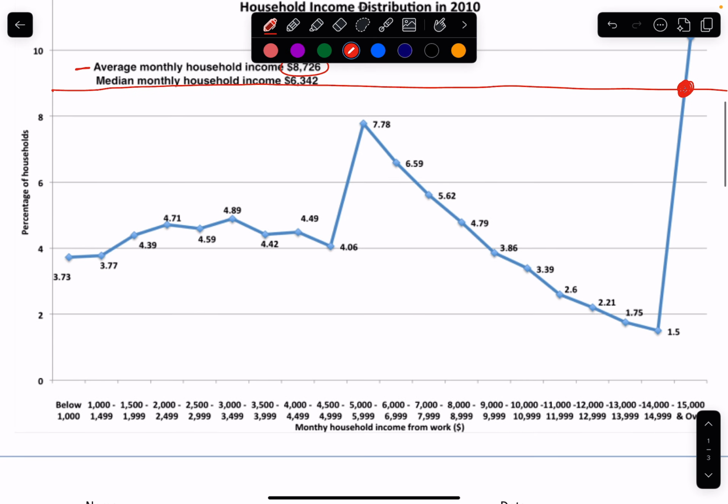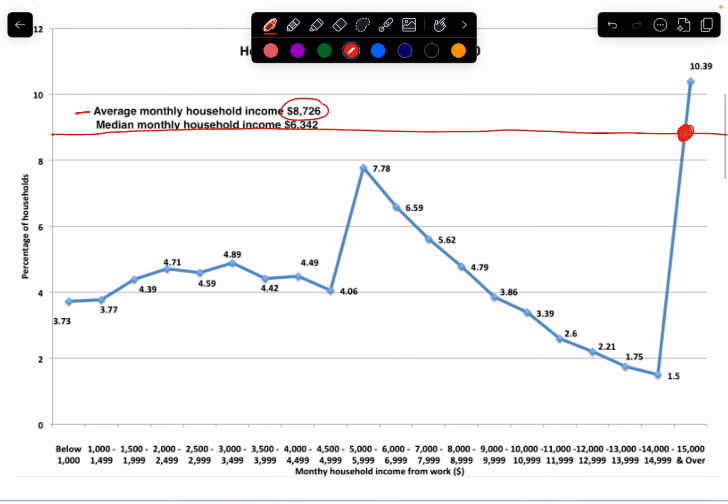Let's see, where is, oh, I'm reading the graph wrong. Those are the percentages across the top. The average 8,700 is, it looks like, percentage of household incomes across the bottom. So we have the same problem. We're just looking at it a little bit differently.